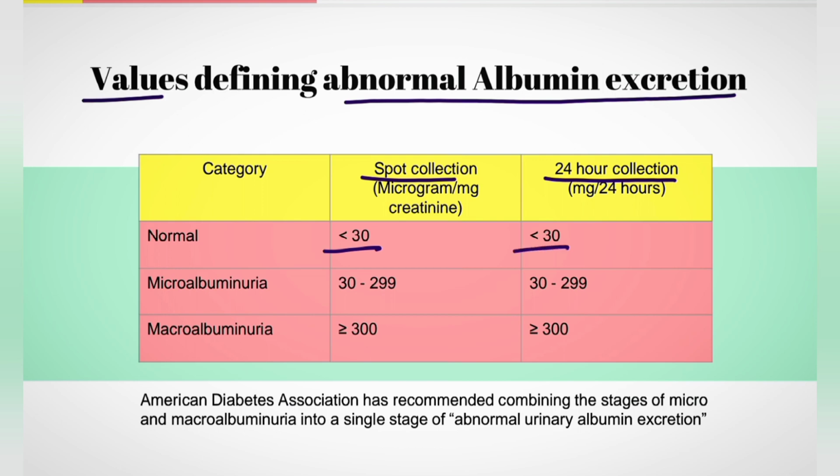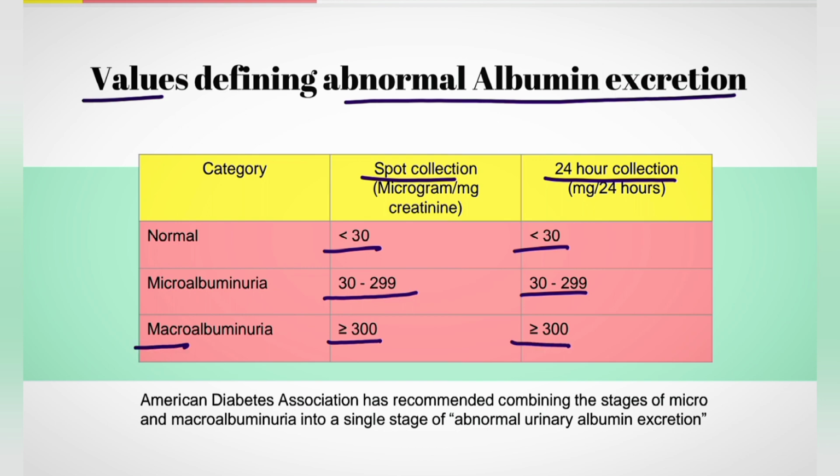If this level is between 30 to 299 in both situations, spot collection and 24-hour collection, then it is defined as microalbuminuria, and when this level is increased to more than or equal to 300 microgram per milligram of creatinine, then this condition is known as macroalbuminuria.